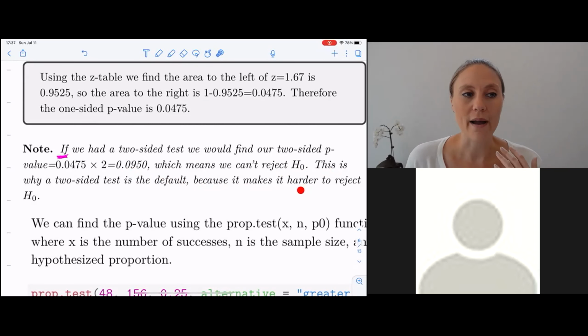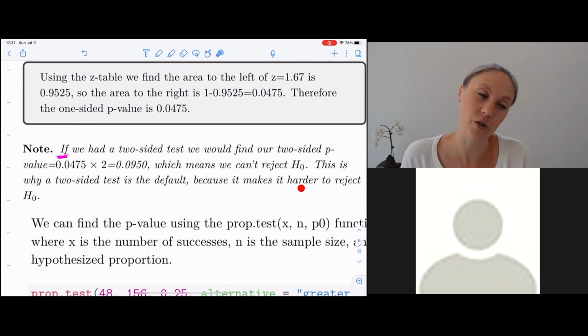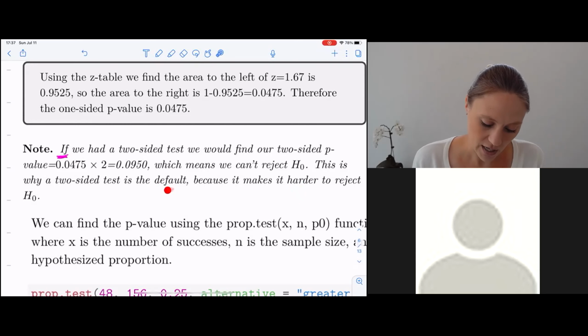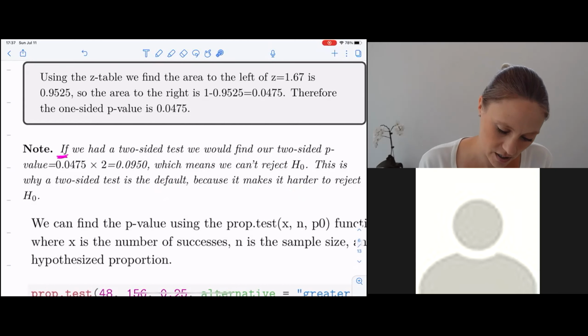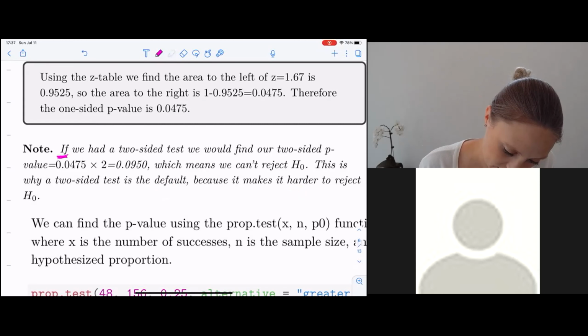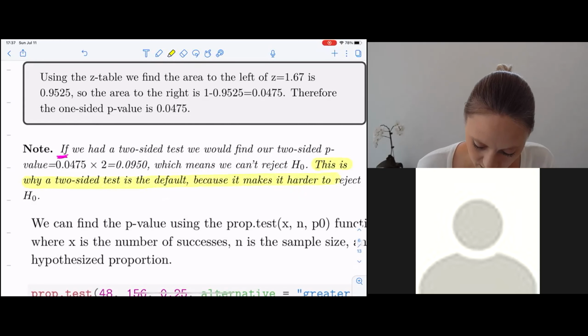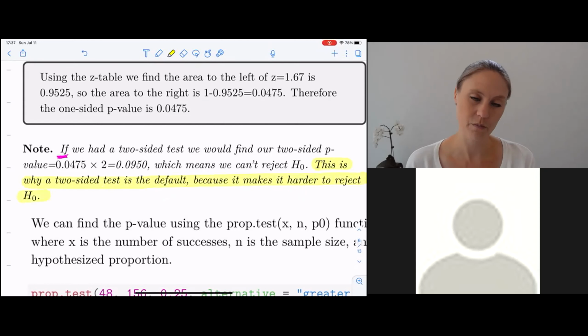So if you're ever unsure whether you should be doing less than, greater than, or not equal to, you should use a two-sided test, so a not equal to, because it's just harder to reject H naught. Okay, so I do want to highlight that as well. So this is why a two-sided test is the default, because it makes it harder to reject H naught.